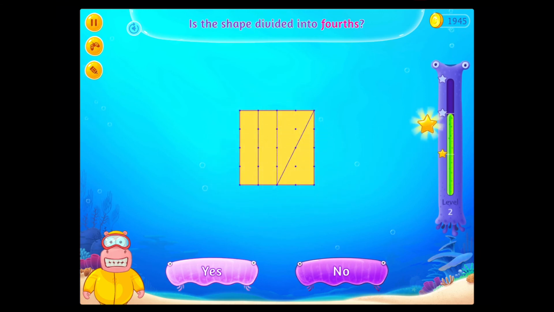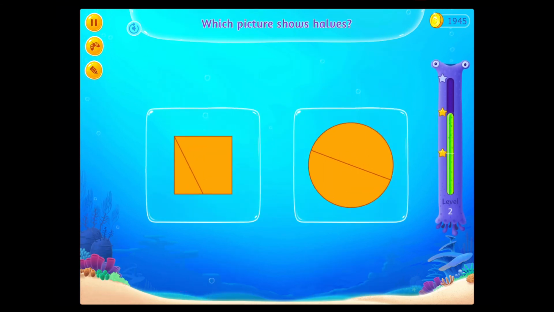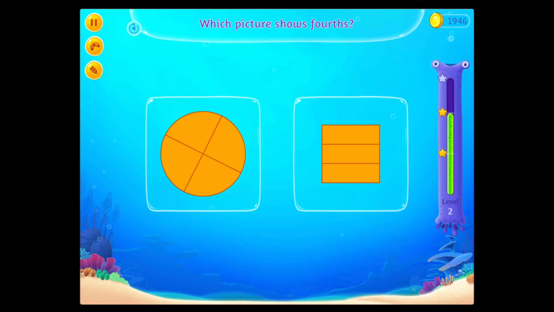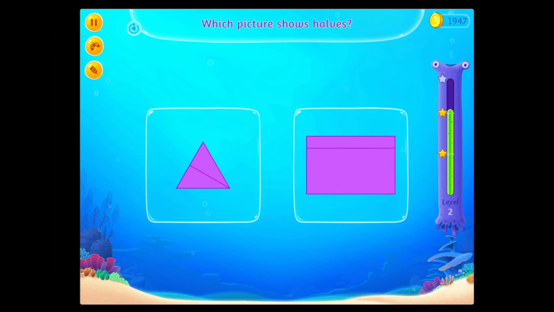Congratulations! You've done it! Which picture shows halves? Correct! Which picture shows fourths? Rockstar! Which picture shows halves? Awesome! Which picture shows halves?